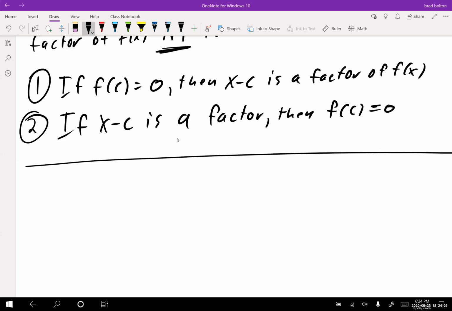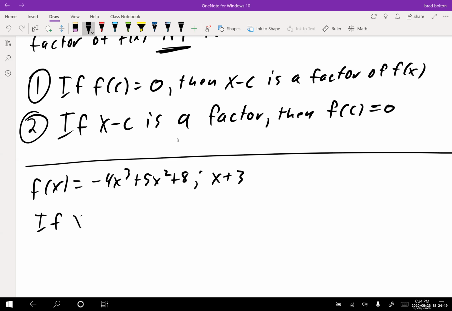All right, so let's look at a problem like this. f of x equals negative 4x cubed plus 5x squared plus 8. And I want to see if x plus 3 is... Let me just write x plus 3 and then I'll ask the question. So I want to find out, is x plus 3 a factor of negative 4x cubed plus 5x squared plus 8?